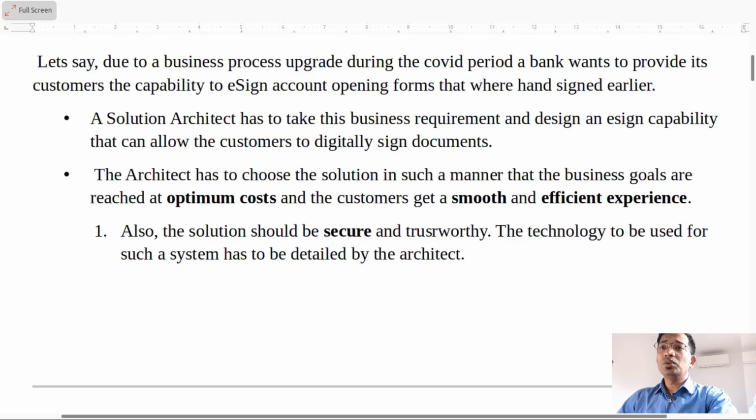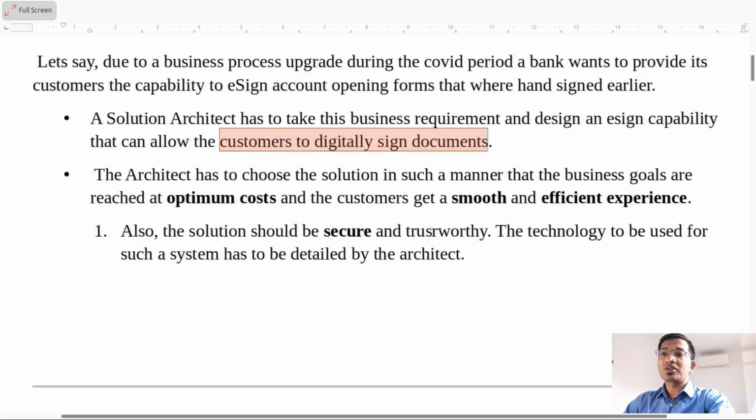Let us say, due to a business process upgrade during the COVID period, a bank wants to provide its customers the capability to e-sign account opening forms that were hand signed earlier. Now, this is a business requirement. A solution architect has to take this business requirement and design an e-sign capability that can allow the customers to digitally sign documents.